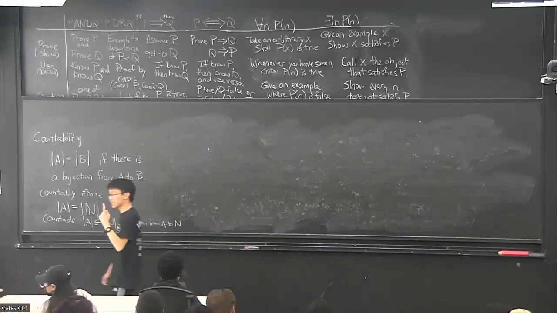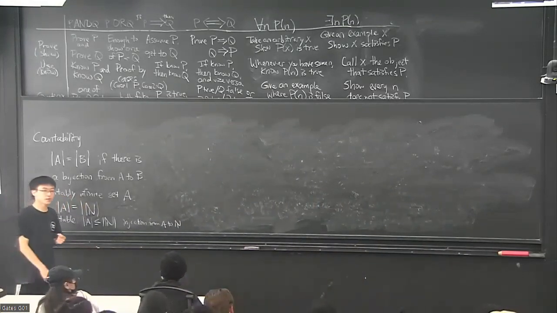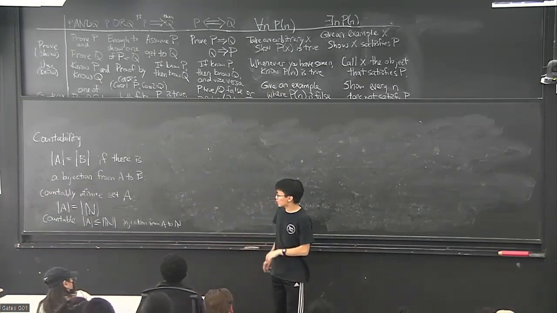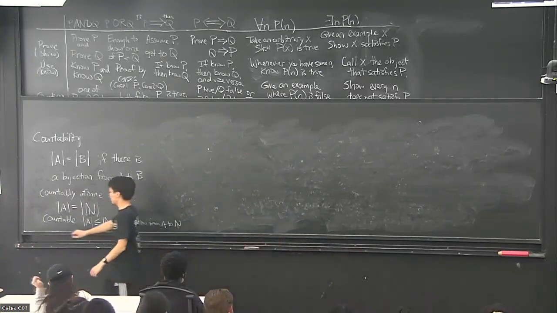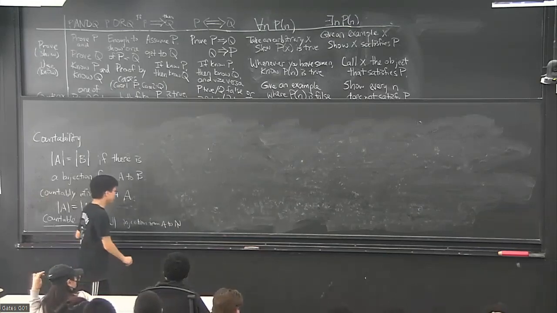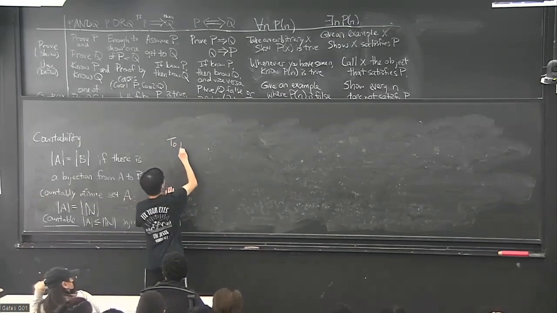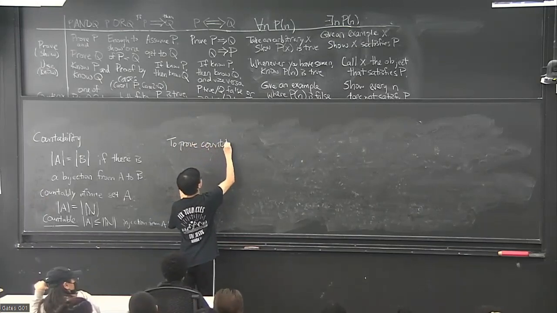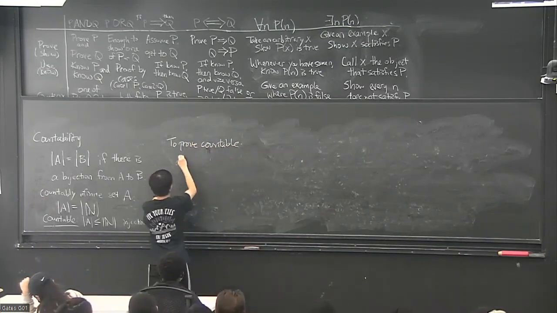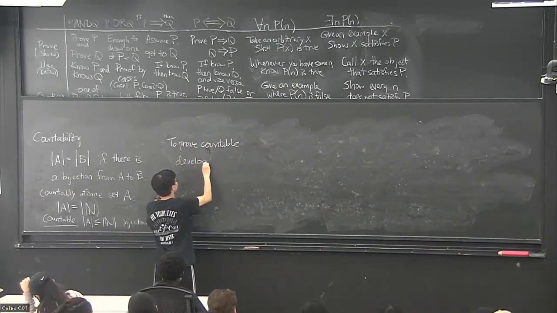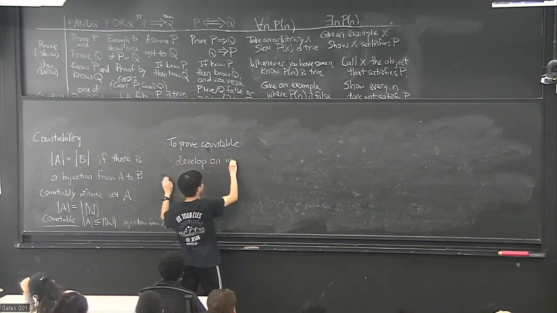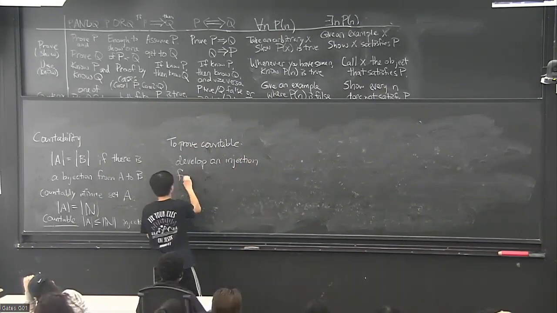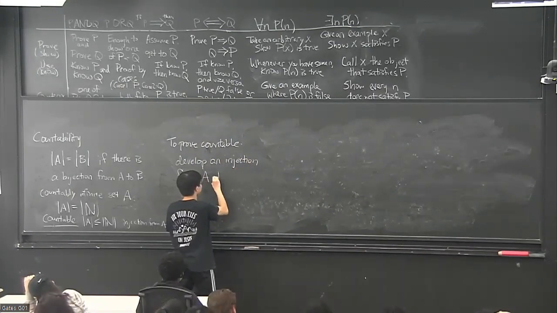To prove something is countable, you want to develop an injection from your set A to the naturals.